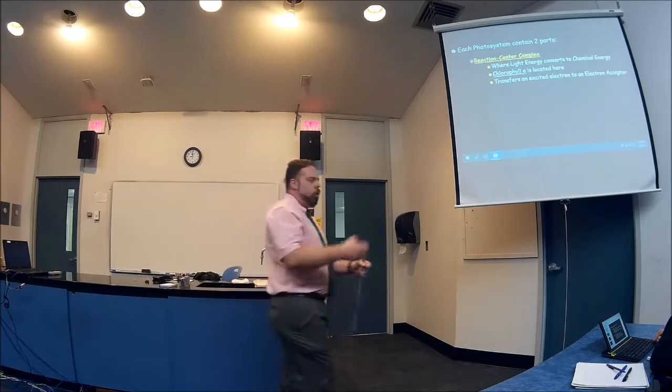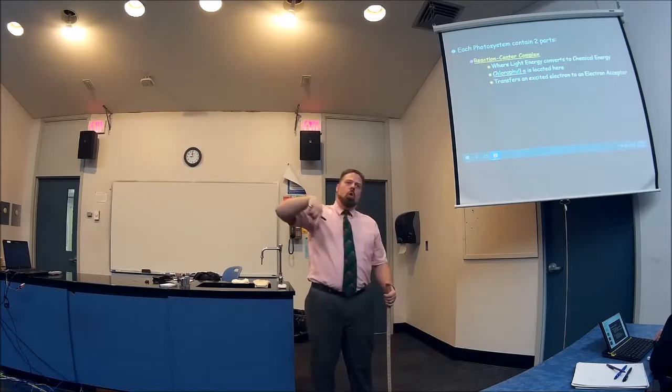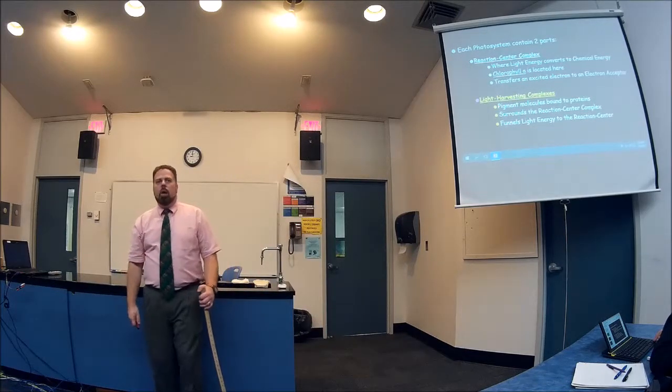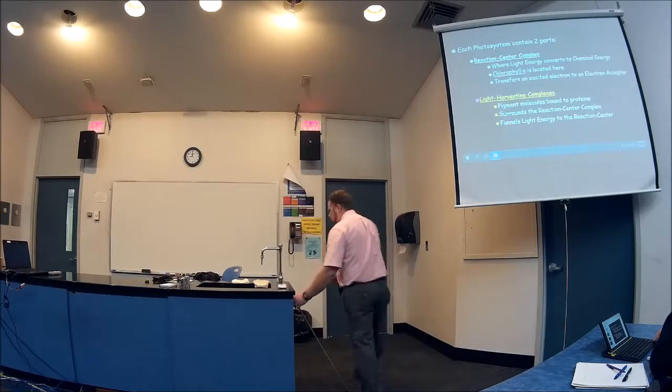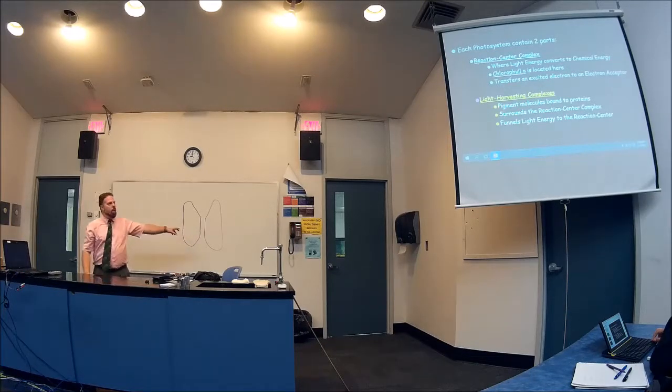But we also have, if you think of the center part of this photosystem as the reaction center, there are also going to be proteins all around it, surrounding it. They're called the light harvesting complexes, which basically just funnel in this light. All right, so they kind of surround it. Think of it like, let's see if I can do this. So these are the light harvesting complexes.